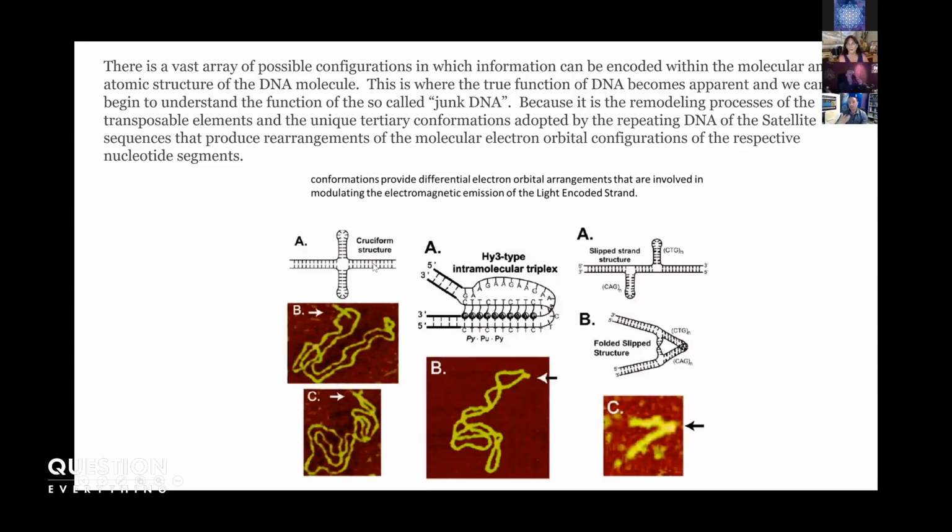So endogenously in your cells, where it's that so-called junk DNA, that repetitive DNA, it's not encoding the information in the nucleotide sequence. It's encoding bonding patterns, and so you can get very interesting bonding arrangements, even four-stranded DNA, that's very typical of the telomeres at the ends.